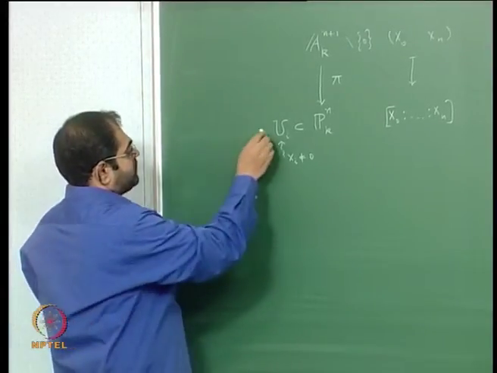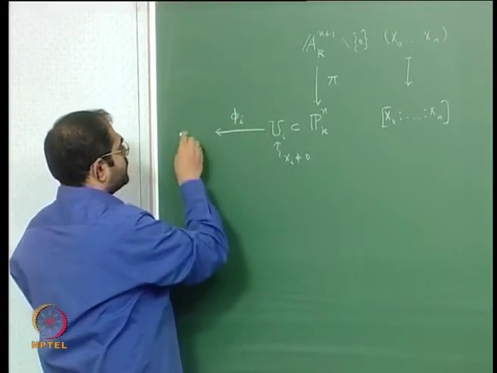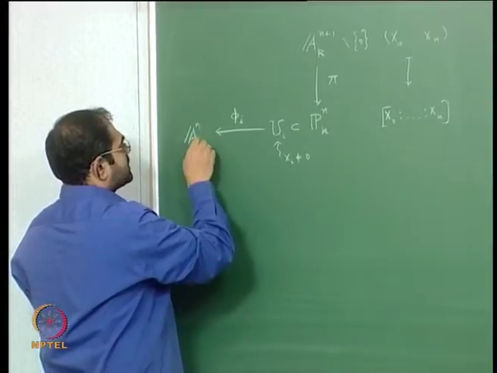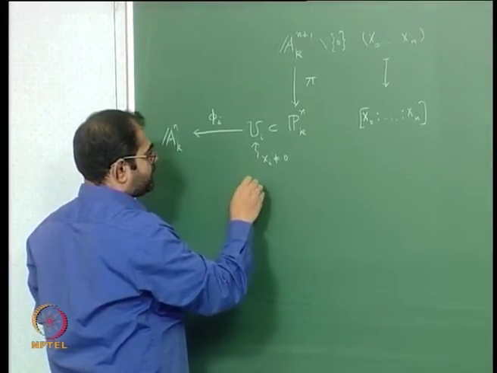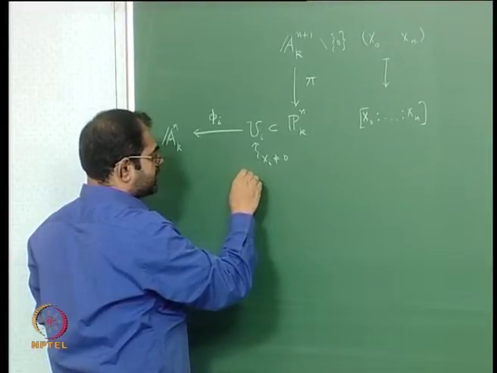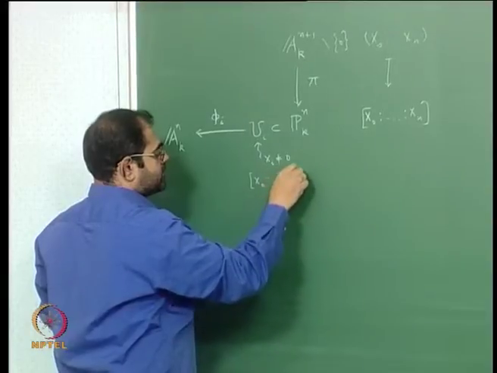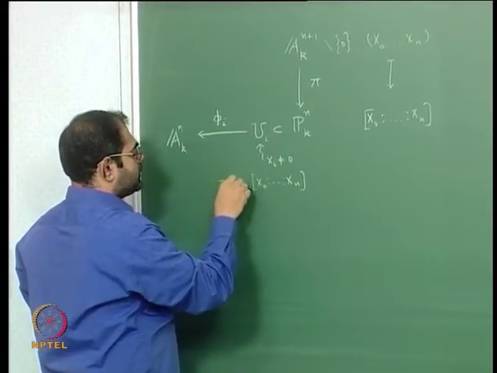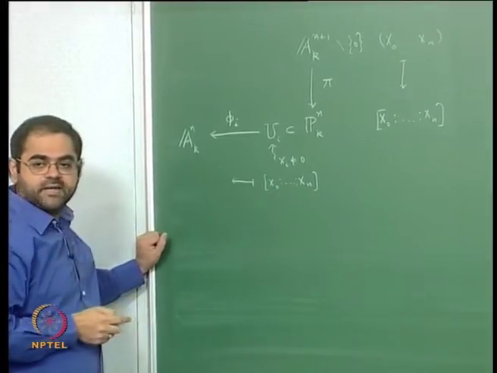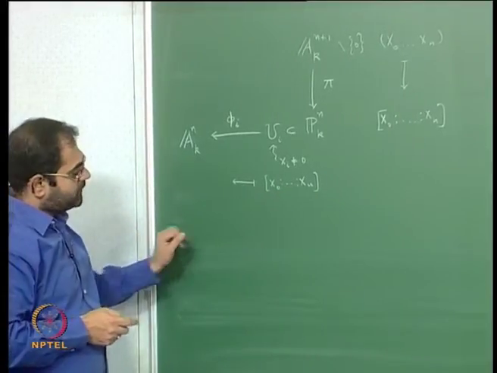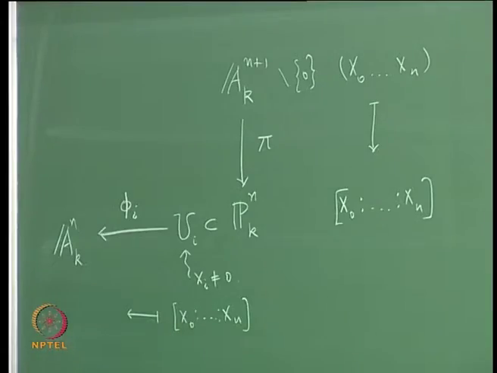but the point is that you have this map phi_i from Ui to an n-dimensional affine space, which is gotten by sending a point with coordinates x0 through xn to what you do is you divide every coordinate by xi, and then at the entry xi you will get xi by xi, which is 1, and you forget it.